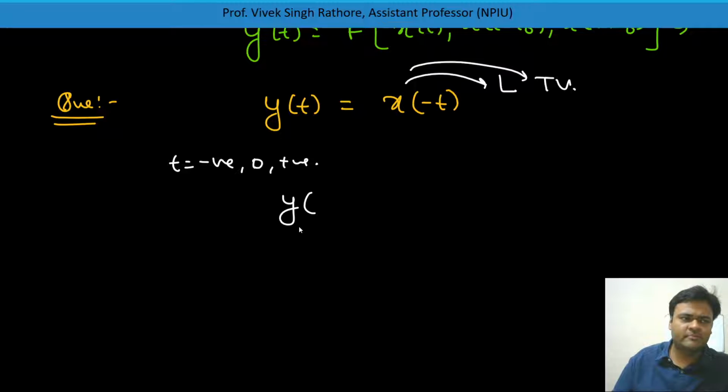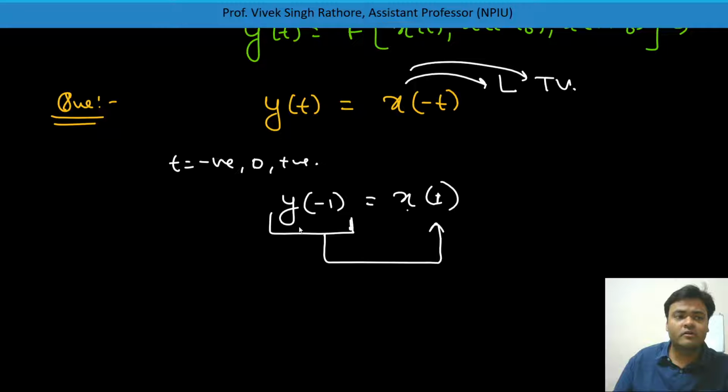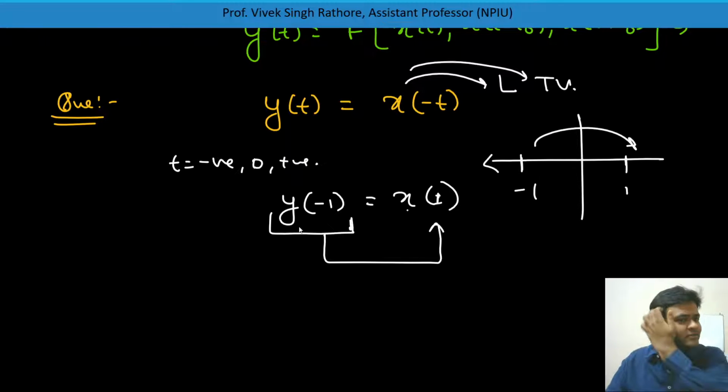So we'll take a negative value, y of minus 1. At t equal to minus 1, the output is depending upon the input's future value. If you see in the time axis, minus 1 is here and plus 1 is here. So ultimately it is dependent upon a future value.